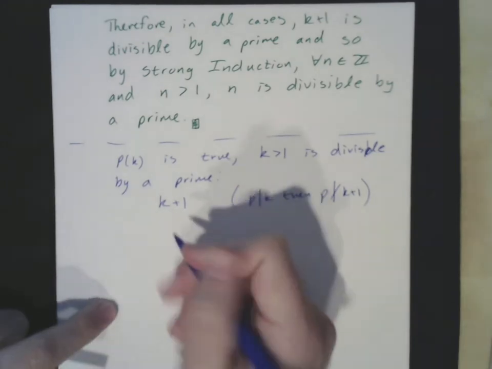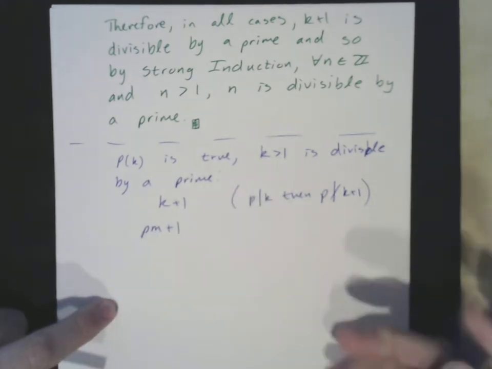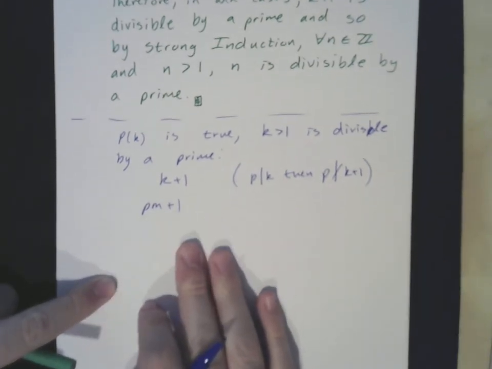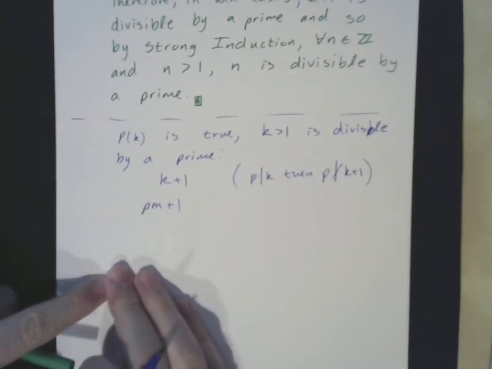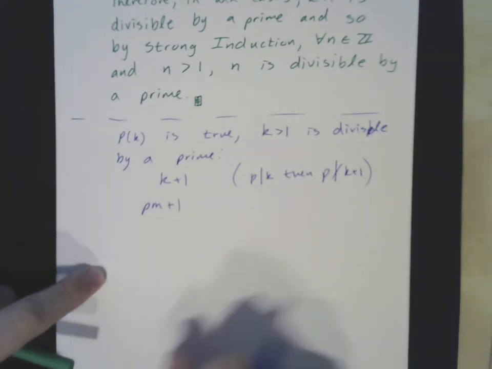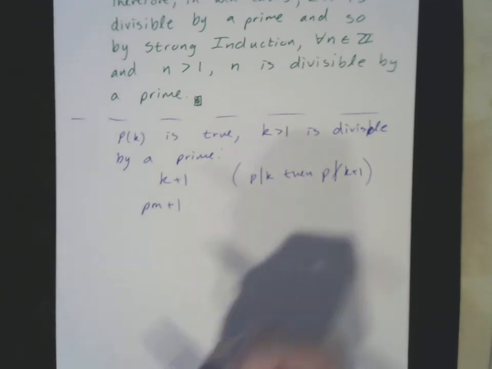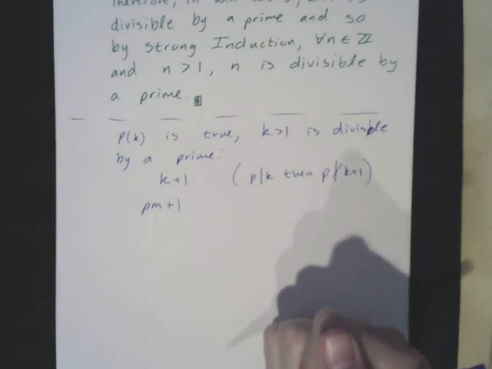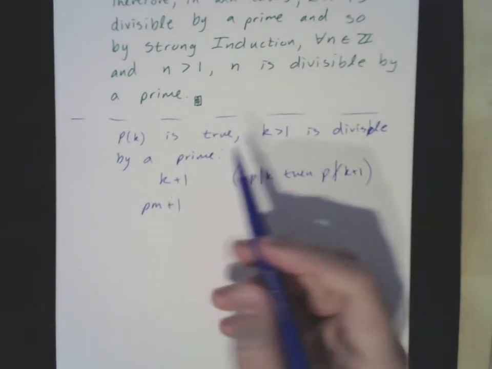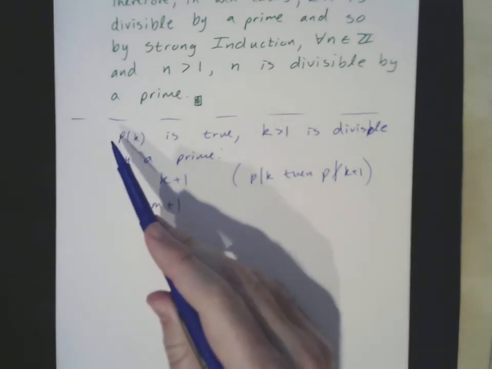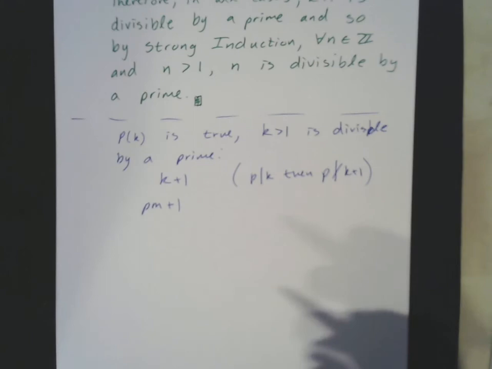So what we have here is Pm plus 1, a prime times another integer. How do we get that a prime divides this? Well, it goes back to those same cases. Either it's prime or it's not, and then we're just inducing the fundamental theorem of arithmetic. But that's not an induction proof then. That's just a direct proof, because the same thing could have been done at K, assuming this didn't help us. So this particular proof gets done with strong induction because it gives us something to work with. It gives us that P of I from, in our case, 2 to K.